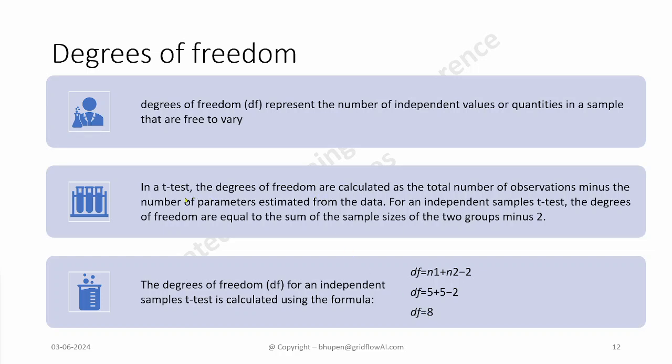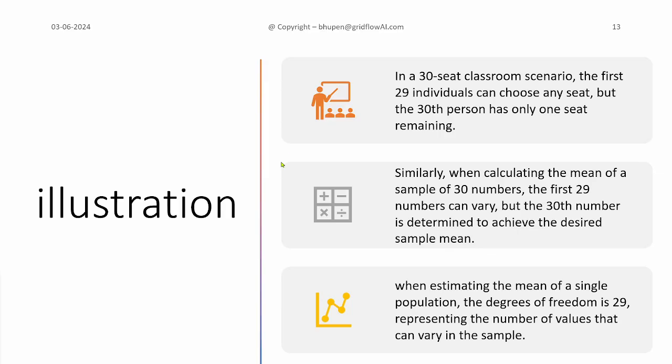The intuition behind the degrees of freedom is, let's say in this example, we have a 30-seat classroom, and the first 29 students can occupy any seat because they are free to choose, but the 30th person has only one seat to choose. There are no options, more than one option, given to the last student.